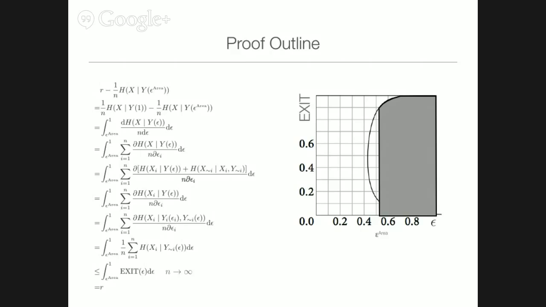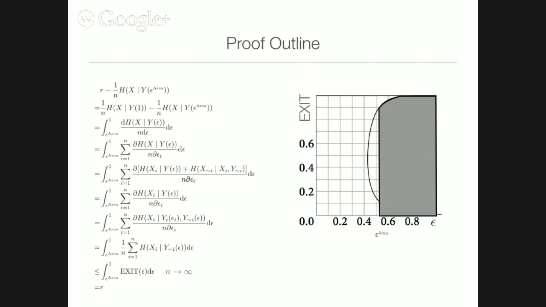And at the end, if you think about this parameter here, it turns out that you can actually write this down explicitly as h of xi given all the observations except the observation itself. So what is this? This is the entropy of the ith bit given all the observations except the observation of the bit itself.